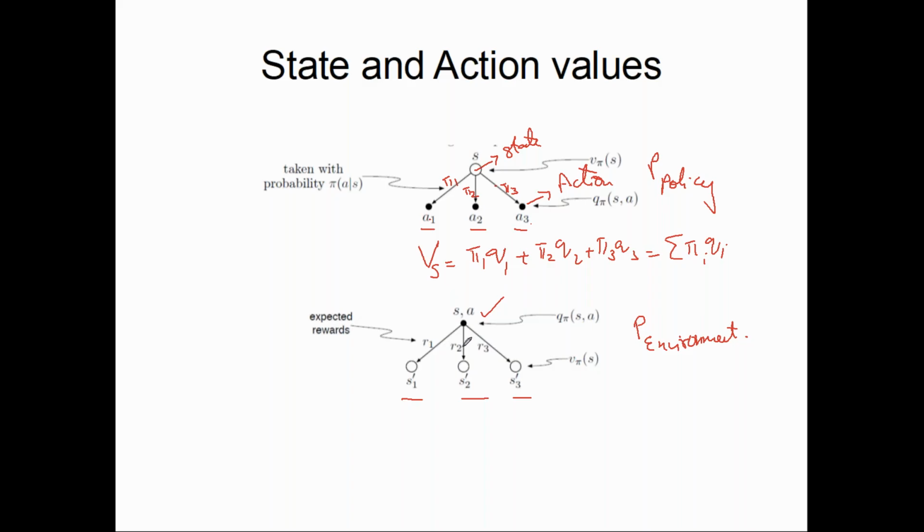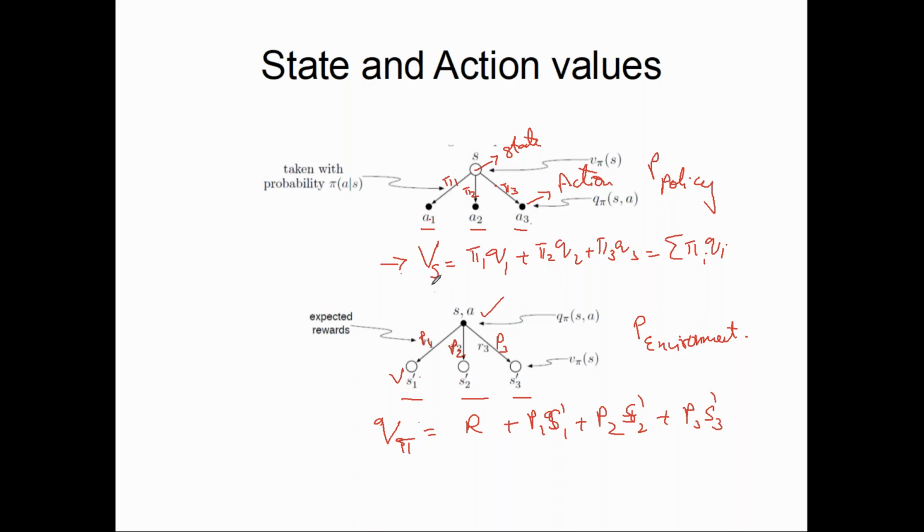But whereas in this case, here this is a state value. This is the action value, right? For action value, when you take an action, you immediately get a reward, plus there is a probability P1 that you may go to a next state S1 dash, P2 S2 dash, P3 S3 dash.